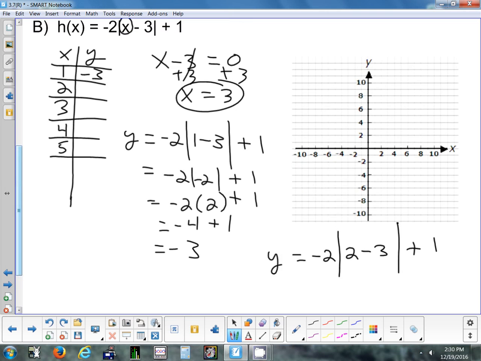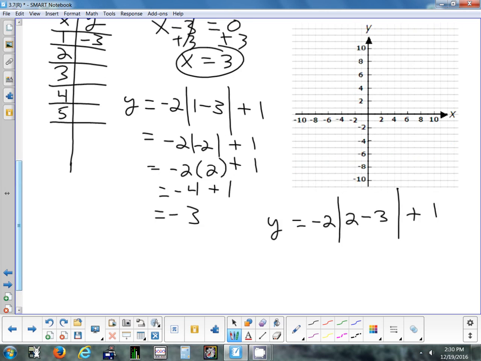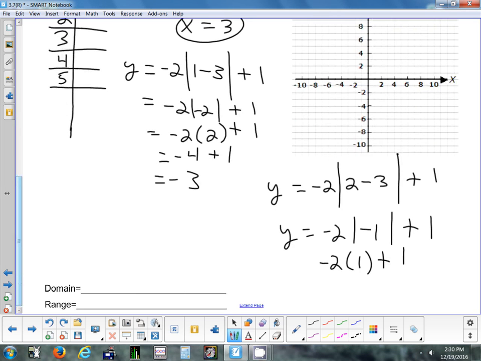What's 2 minus 3? -1. What's the absolute value of -1? 1. What's -2 times 1? -2. And what's -2 plus 1? -1.